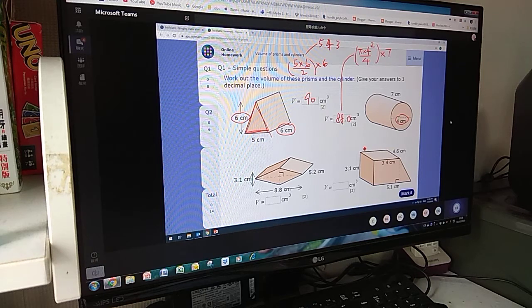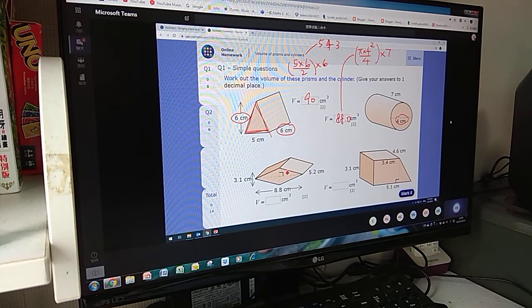So for the next two, it is a chance for you to think. Although the shape of the base is not similar to the previous two examples, you are just using the same concept. Okay, for example, for this one, the bottom left hand side, you can see we have 4 triangles here.